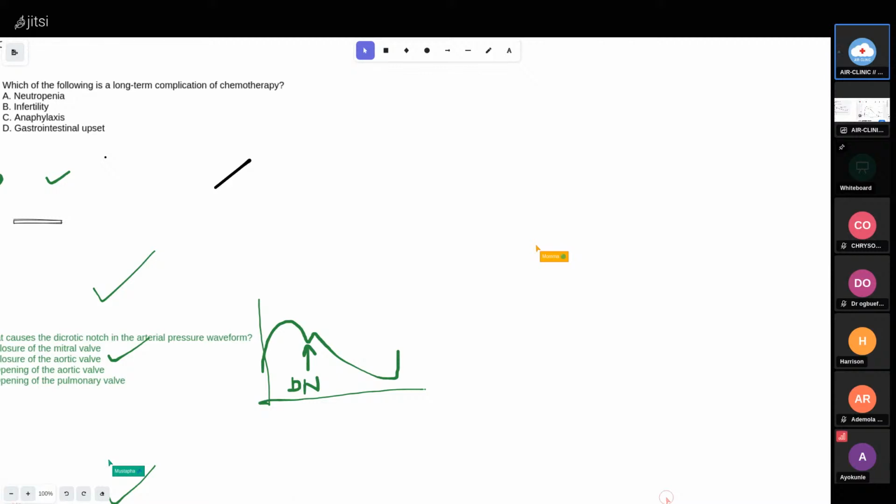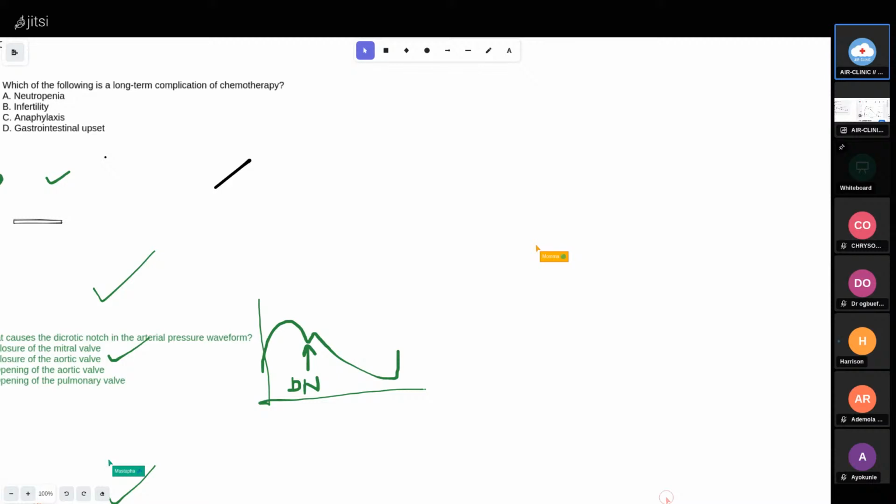All right, this question, Nikolsky sign. What does it imply? What does it stand for? So which condition is going to lead to a positive Nikolsky sign, including pemphigus vulgaris, which is option A. Option B, bullous pemphigoid.